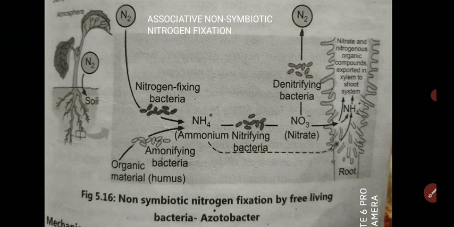The bacteria use malate, pyruvate or succinate as carbon source and hydrogen as energy source. And nitrogen fixation occurs under the condition of microaerobiosis. Klebsiella is more frequently associated with rice, wheat and forage grasses.